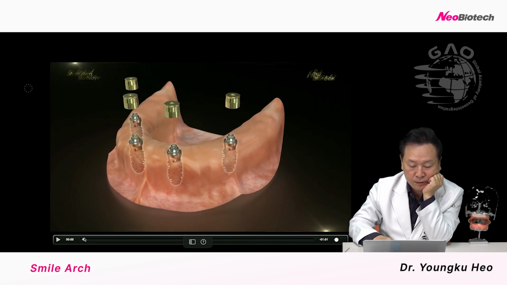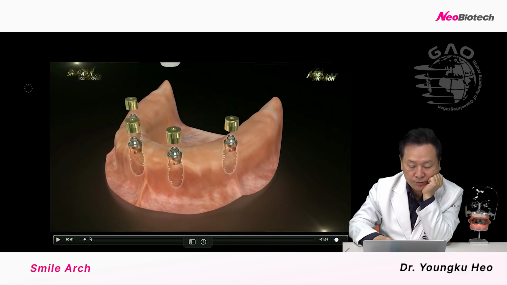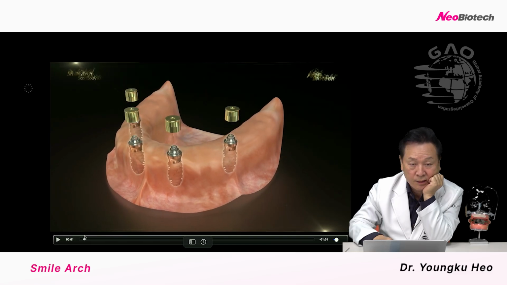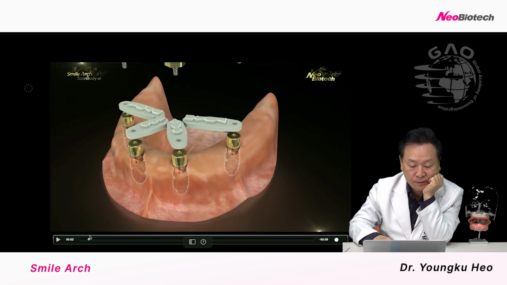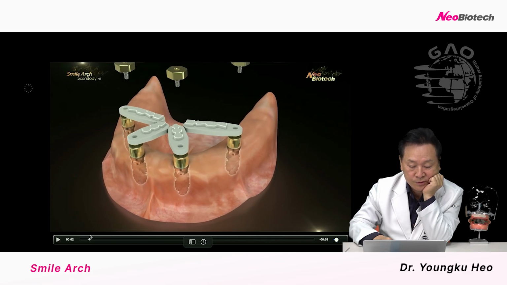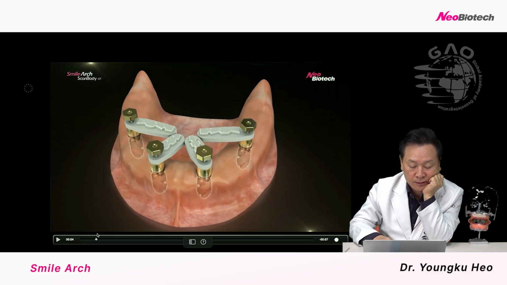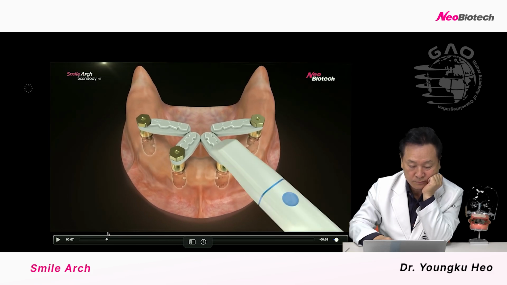We put this scan post first under the MUA, and then after the scan post, we put the scan bar on top of that, screw it in, and tighten it with the hex screw, and we scan it.